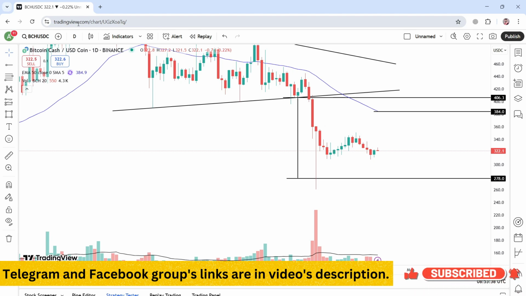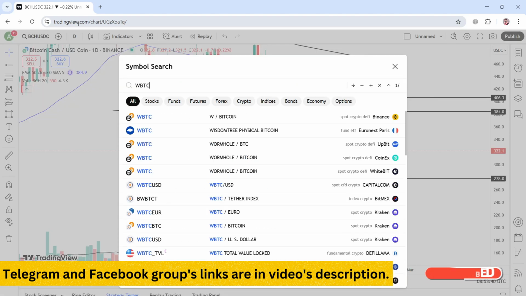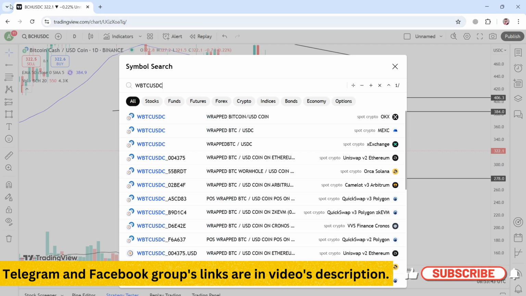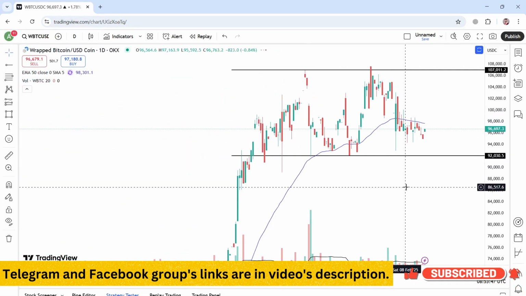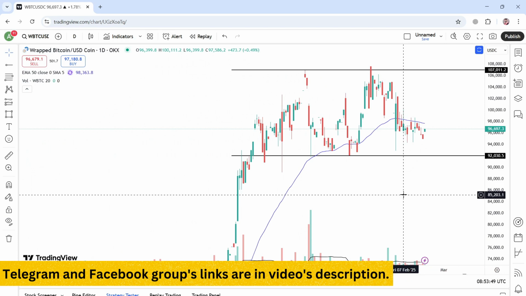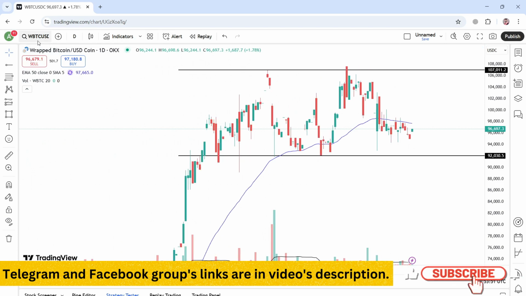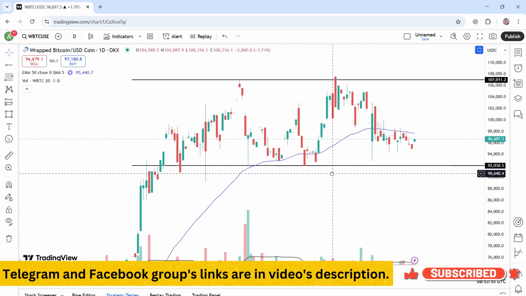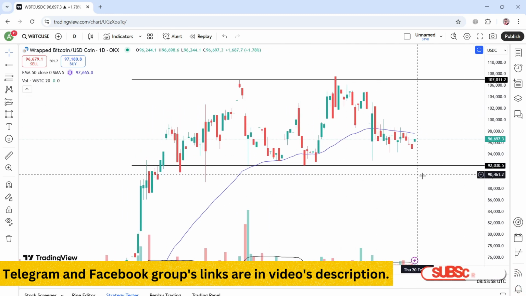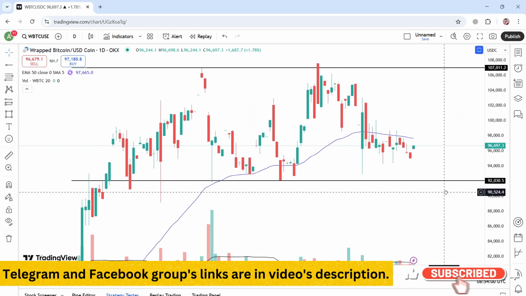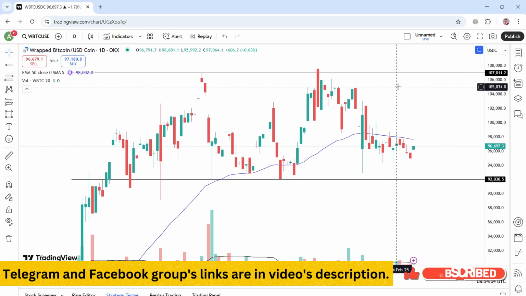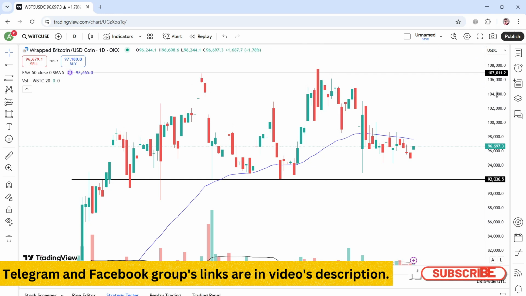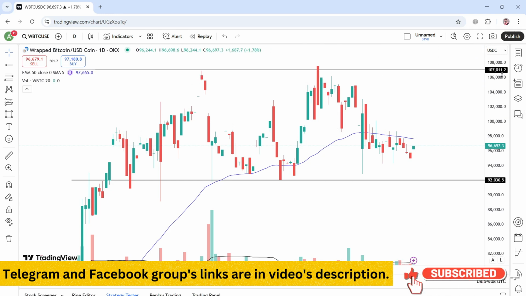The next coin is the WBTC. If we discuss the WBTC against the USDC, currently it is consolidating in the channel formation, where the support of this channel is at 92,000 and the resistance of this sideways formation is at 1711.